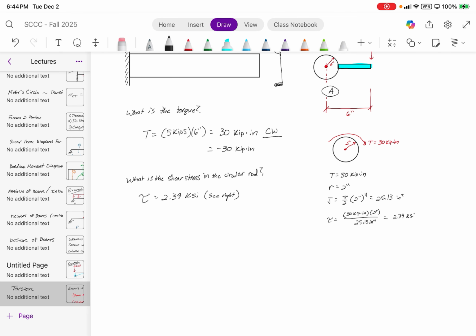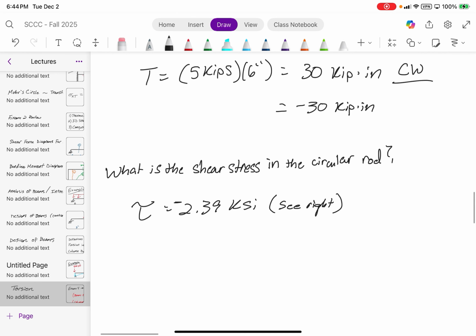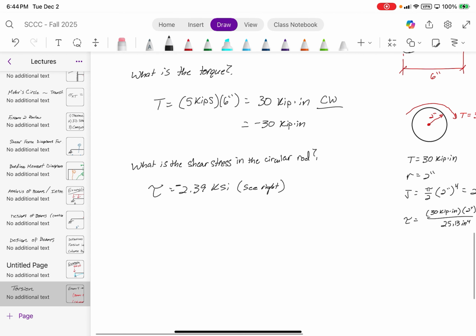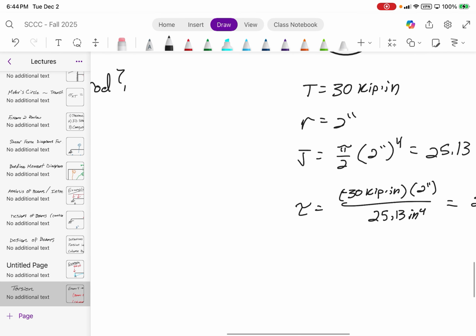And we don't keep the negative for this one, right? It's just generally a directionality thing. I guess a good thing to do would be to put the negative sign just to indicate the direction that the shear stress is occurring. So, yeah, that would be a good thing to do.